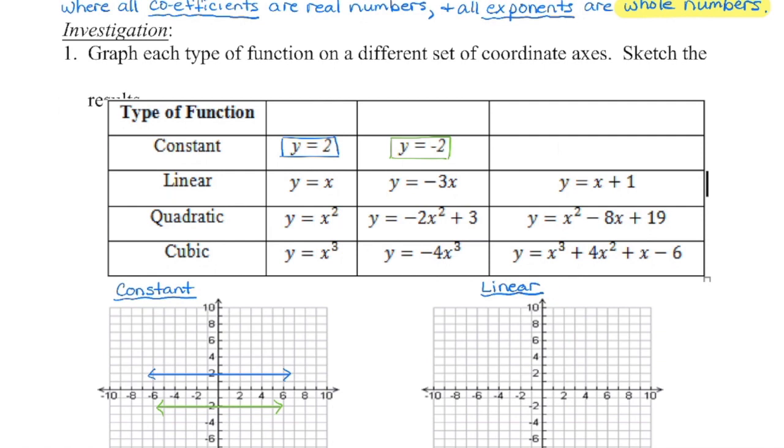Linear functions is going to be my second grid here. So this was in grade 10, and remember, y equals mx plus b was one of the forms that we looked at. M being the slope of that function, b being the y-intercept. So if we have something like this, my b value, there's nothing we're adding or subtracting, so my b value is 0, or my y-intercept is 0, and the slope is going to be 1.